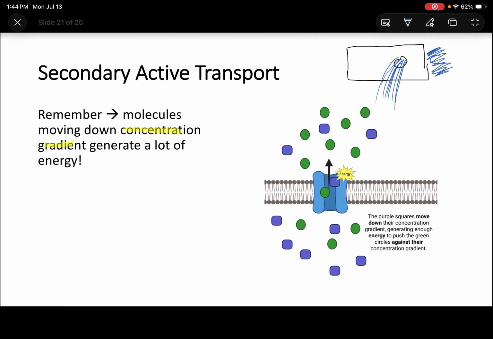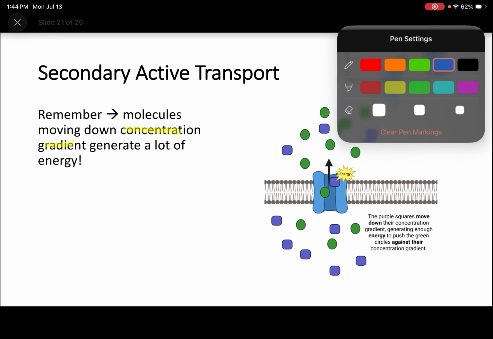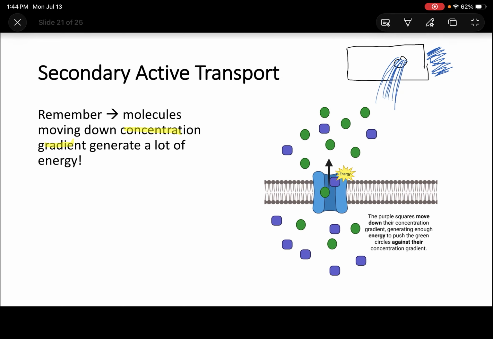Other molecules can take advantage of this. So let's take a look at this image here. In this image, I have purple squares and I have green squares. The purple squares are moving down their concentration gradient. So there's more purple inside the cell than outside. And so as the purple moves down its concentration gradient, it's going from high to low. And that is going to produce energy. Now let's imagine I have another molecule, a green molecule.